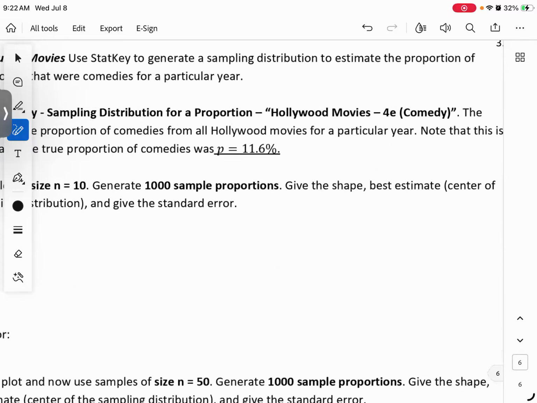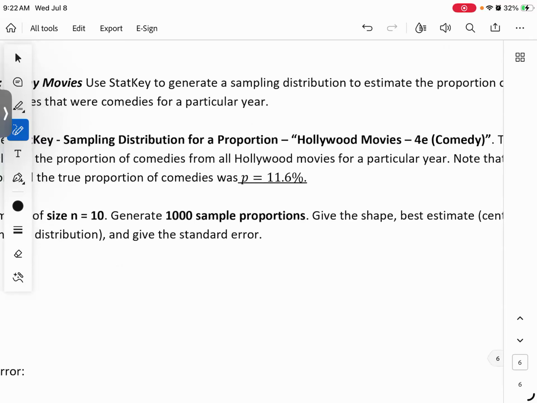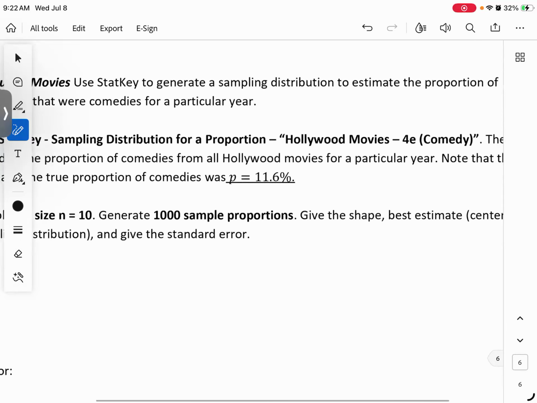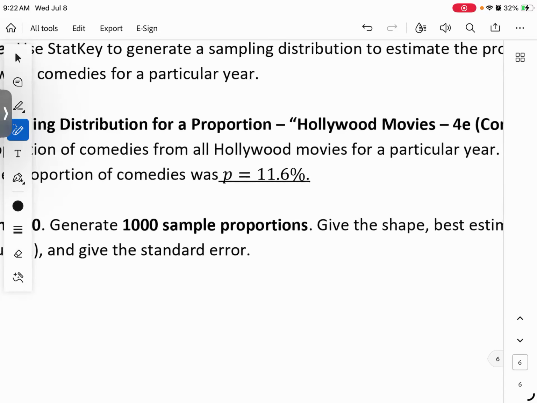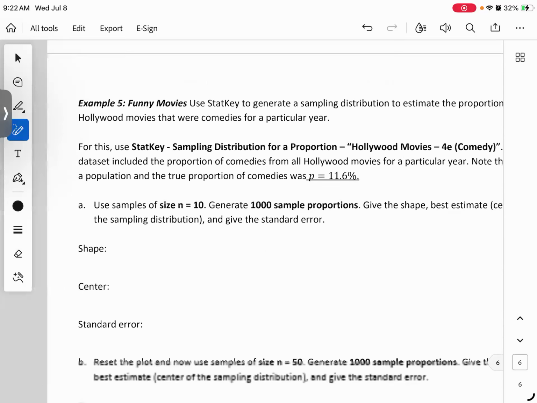In this example, we're going to use a sampling distribution for a proportion. It's about Hollywood movies and what proportion of them were comedy. And someone actually went and did it. They got all the movies for a particular year.